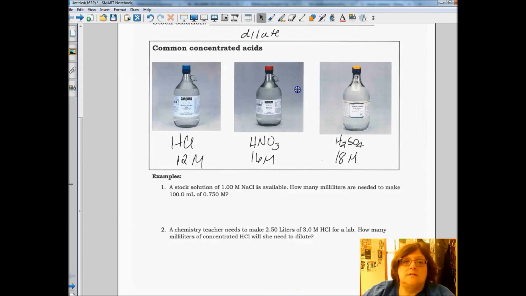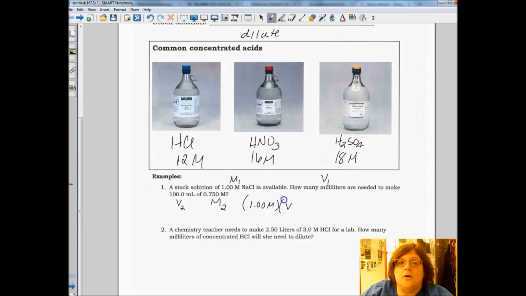For instance, a stock solution of 1 molar sodium chloride is available. So this is our molarity 1. How many milliliters are needed? So how many milliliters of sodium chloride? We're going to call this volume 1. This is our volume 2, and this is our molarity 2. So we just set up a little algebra problem.